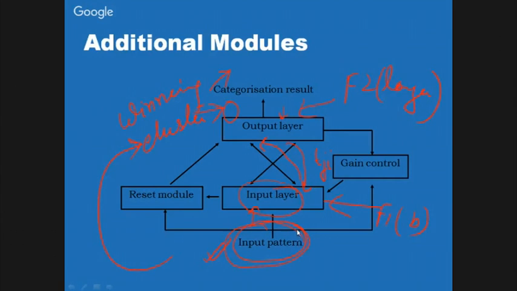Then only we will say that this cluster is the winning cluster. That means we will not do only one side communication. We go to the cluster, and again from the cluster to the input. If both are the same, then only we can say it is the winning cluster. Otherwise we can change it.